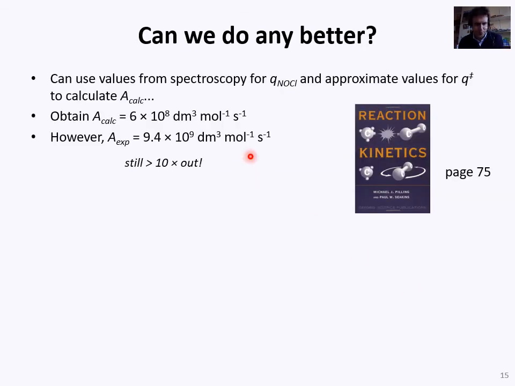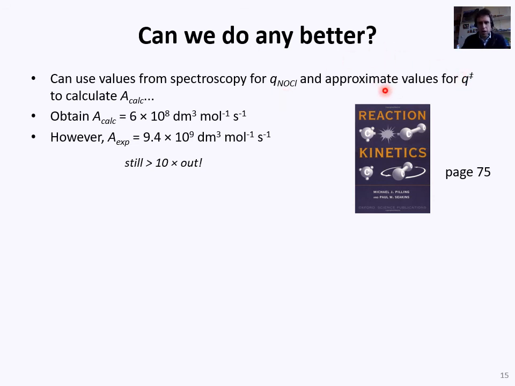Can we do any better? Well, we can do a little bit better. We could try to use values for the partition functions of our reactants, which we can of course measure using spectroscopy. We can even perhaps predict them using those more advanced experiments that I was talking about in previous lectures.